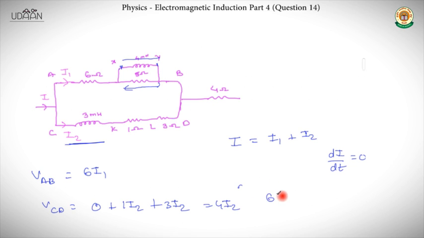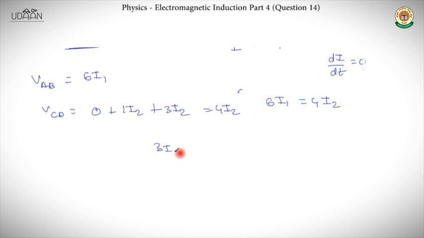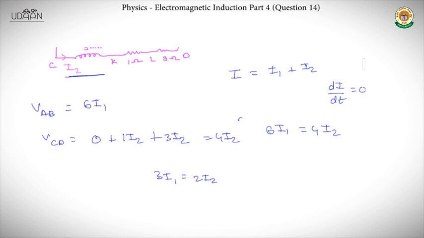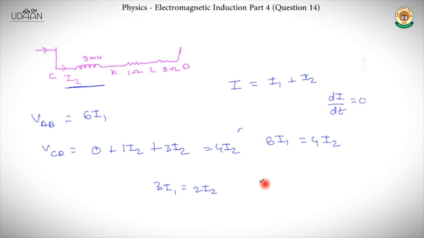We know that 6 I1 is equal to 4 I2 because the potential difference across AB is equal to that across CD. So on solving this we get 3 I1 equal to 2 I2. And it is given that I2 is equal to 3 amperes. So I1 equals 2 amperes.